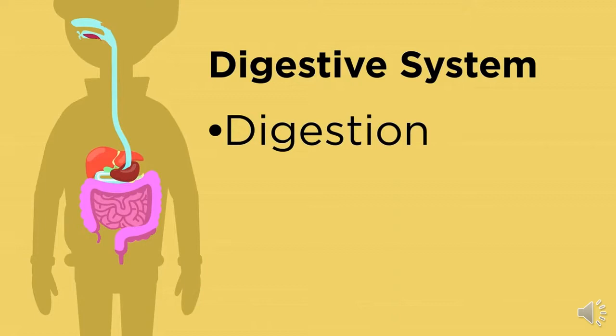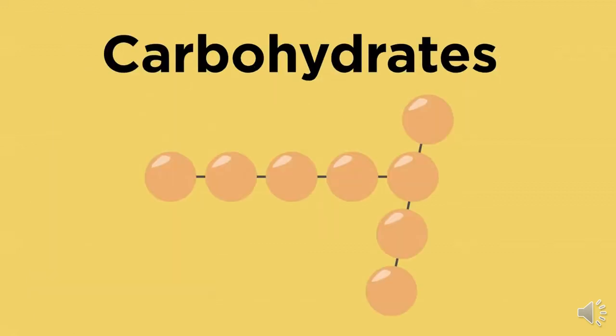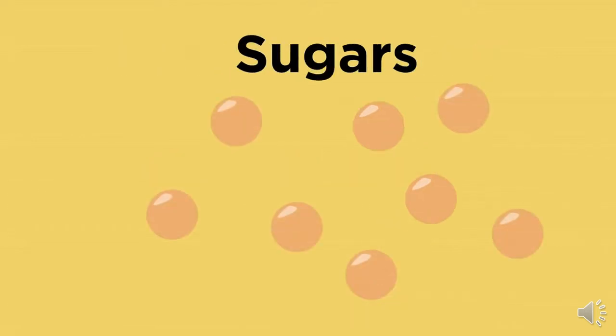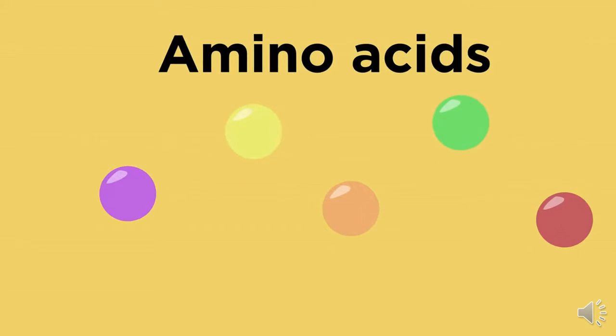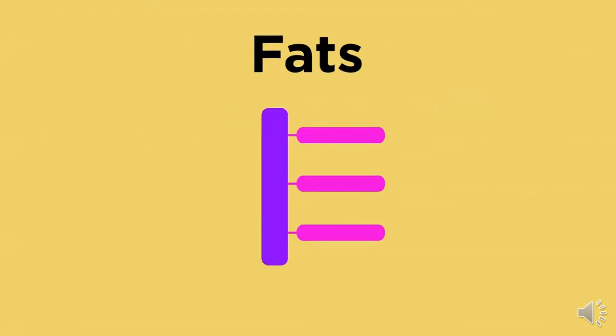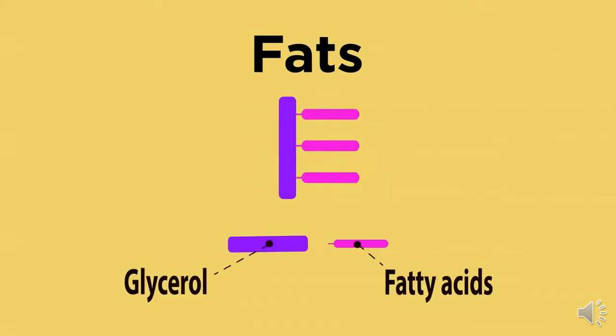What happens is carbohydrates transform into sugars, and the proteins, which are the macromolecule, the big molecule, are digested into amino acids, and fats are digested into glycerol and fatty acids.